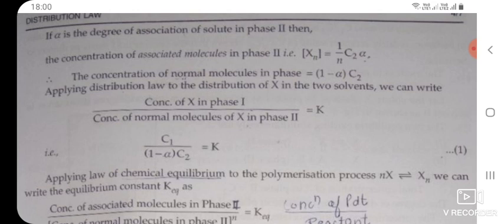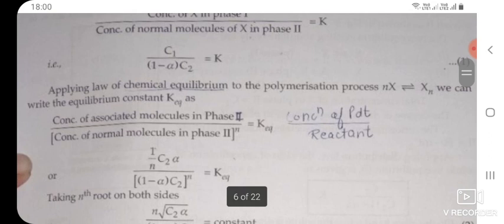Applying distribution law to the distribution of X in the two solvents, we can write: concentration of X in phase 1 upon concentration of normal molecules of X in phase 2 is equal to K, that is C1 upon (1 minus alpha) into C2 is equal to K. Applying law of chemical equilibrium to the polymerization process, nX changes into Xn, we can write the equilibrium constant Keq as concentration of associated molecules in phase 2 upon concentration of normal molecules in phase 2 raised to the power n, equal to Keq.